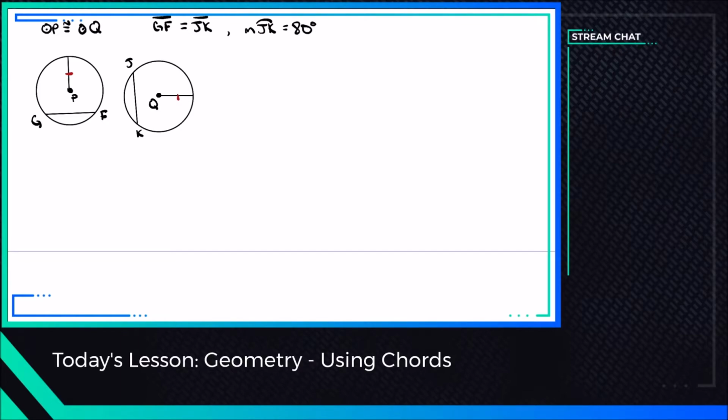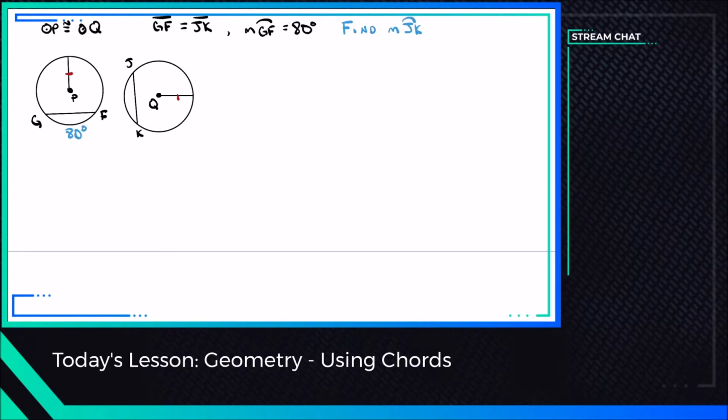So this is at 80 degrees right down there, and we want to find the measure of arc JK.